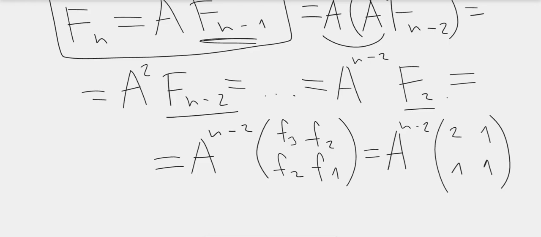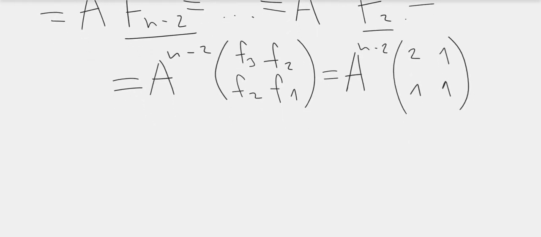Yeah, it actually would be much more convenient to introduce F0. One way to see it is just to observe directly that this matrix 2 1 1 1 is equal to the matrix 1 1 1 0 squared.